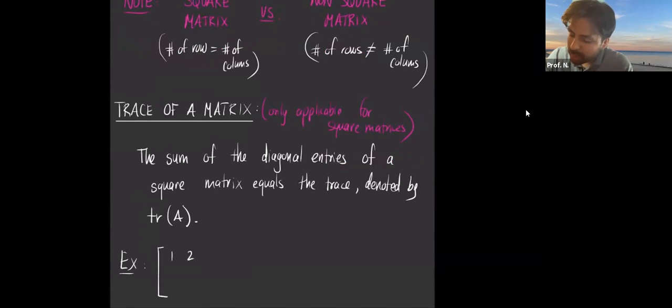So 1, 2, 5, 4, 0, 5, 2, 7, -8, 9, right? This is a square matrix because it's 3 by 3. And we have two diagonals here, right? But the diagonal that we're considering is this one.